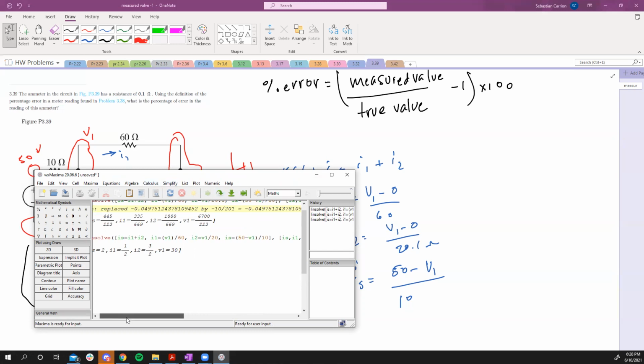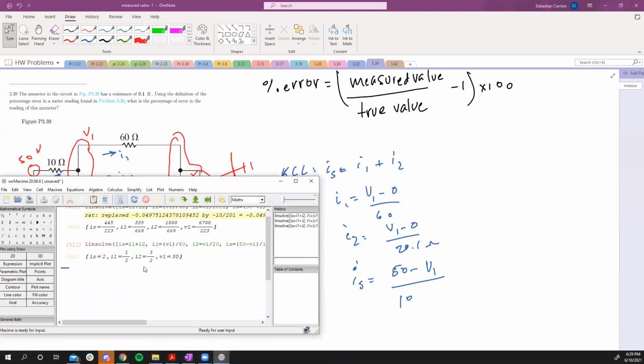Our I2 would be, wait, I'm gonna double check this.